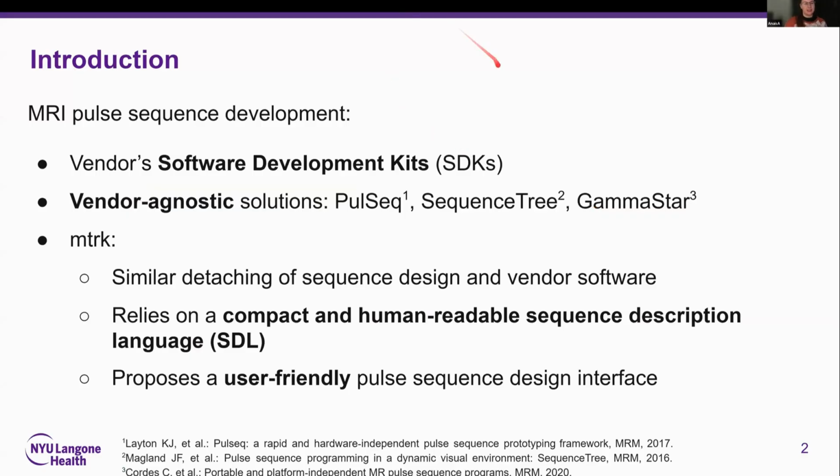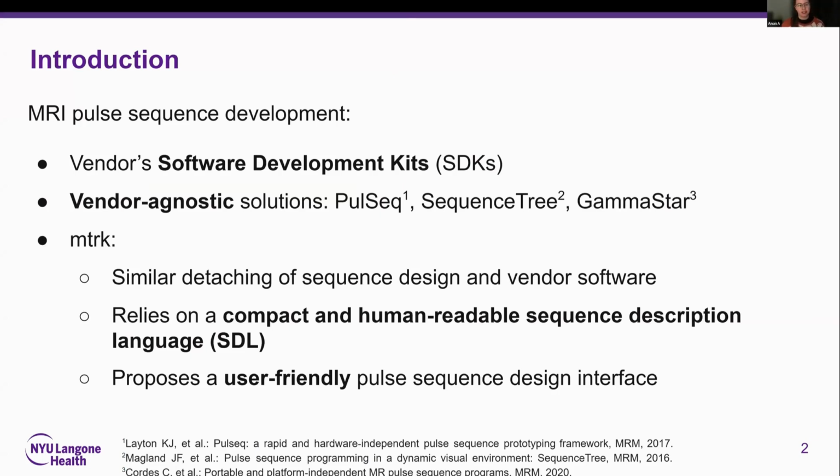Okay, so as we've talked a little before, MRI pulse sequence development is a little tricky using the software development kits provided by vendors. It's going into intellectual property issues and a very difficult learning curve to program pulse sequences. So vendor agnostic solutions like Pulseq and Gammastar have already been proposed.